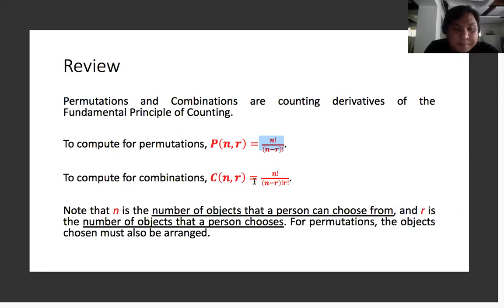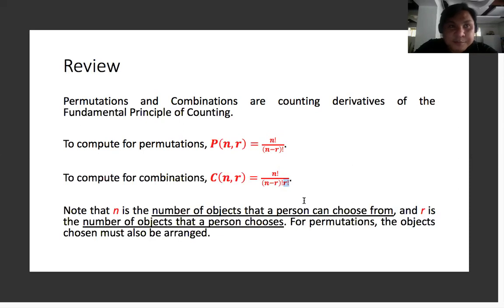Okay, so combinations are computed this way. Notice how similar the formulas for permutations and combinations are, except that combinations has an extra divisor here, r factorial. That means the number of combinations is definitely much fewer than the number of permutations that can be made. The reason is that permutations consider the arrangement.